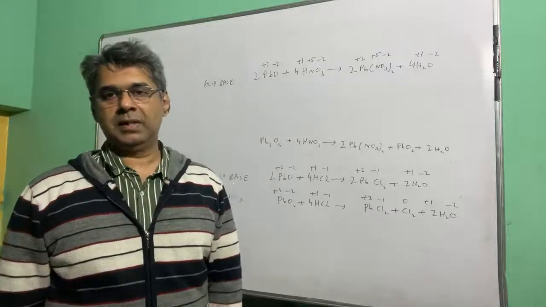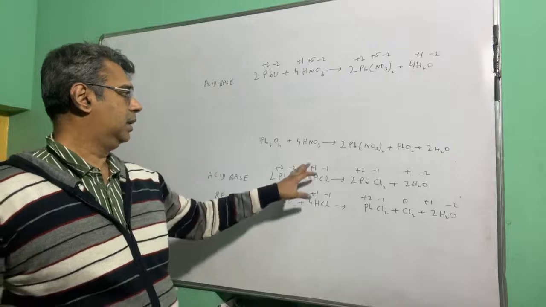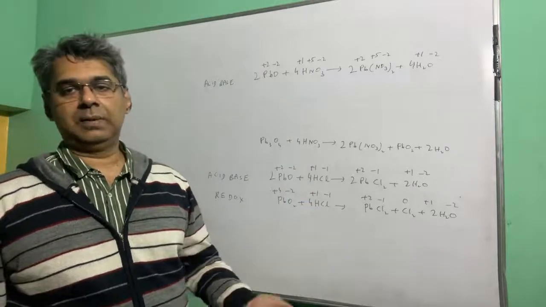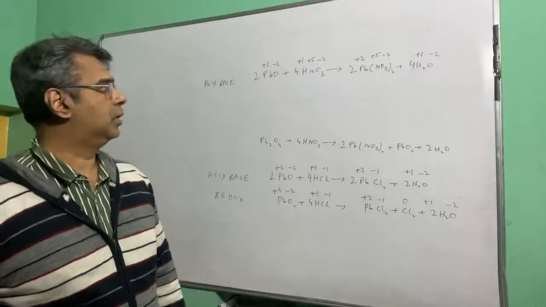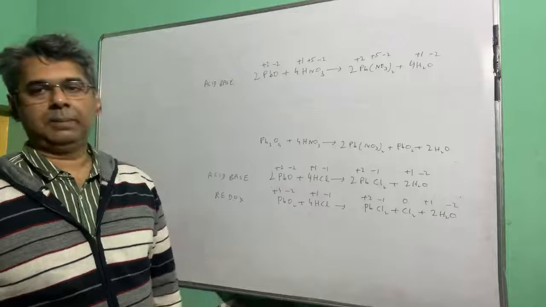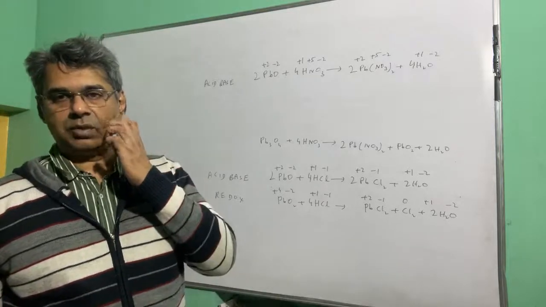So now you can see, contrasting reactions with HCl and HNO3: with HCl, it can behave like acid base and it can also do redox, but HNO3 can only do acid base. So this is a very good example that when you have a mixed oxide, there is a bit of confusion, right?